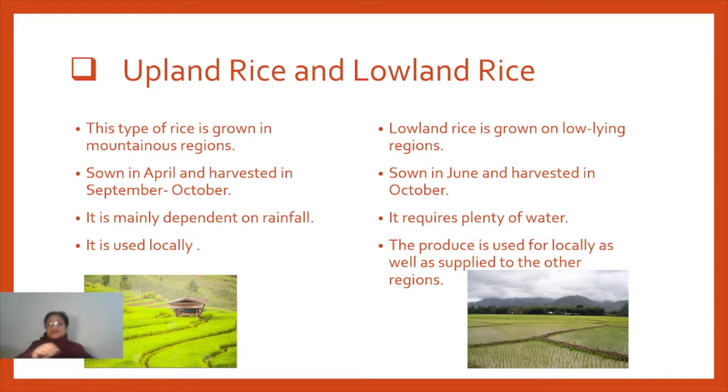Now what is the basic difference between the two? The dry method of cultivation is largely dependent on rainfall. In areas where irrigation facilities are not much developed, the dry method is practiced. That means it is totally dependent on the rainfall.